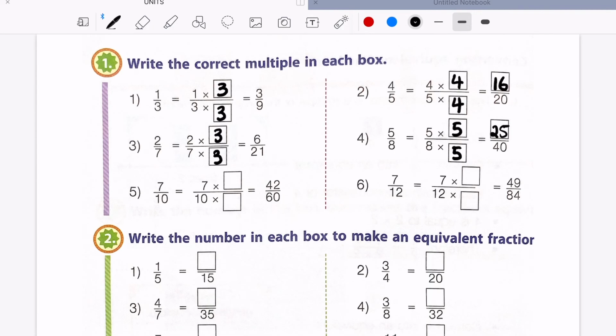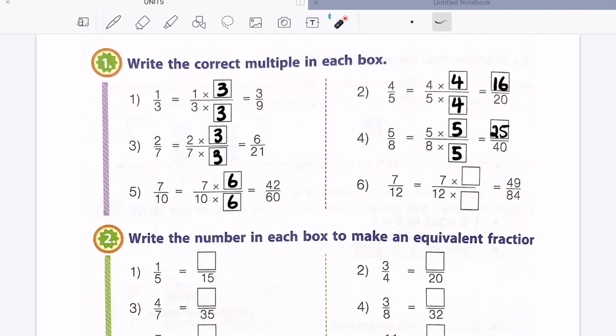So 10 times 6 equals 60. So we also have to multiply the top by 6. So 7 times 6 equals 42. That's how we convert it. And let's take a look at the last one, number 6.